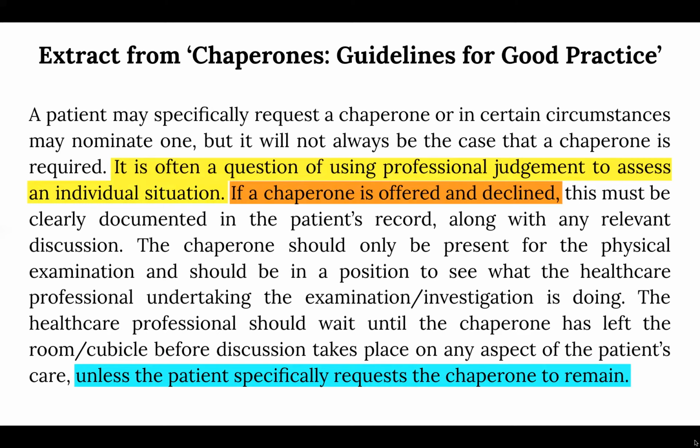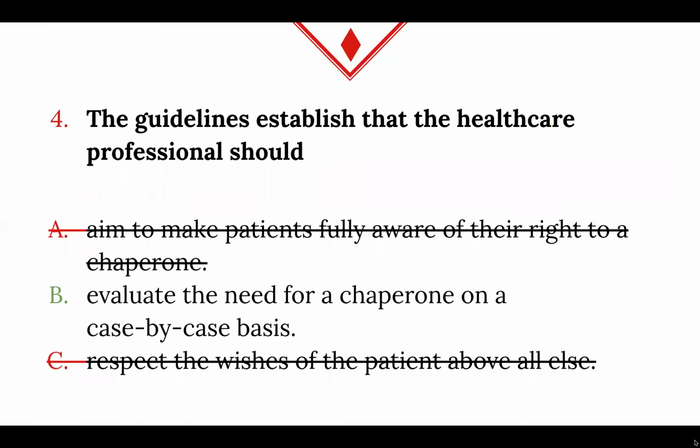Everything else is secondary or below the wishes of the patient. Now, such a strong extreme statement is not given in the extract. So while this is confusing, the answer to question 4 is B. Evaluate the need for a chaperone on a case-by-case basis.